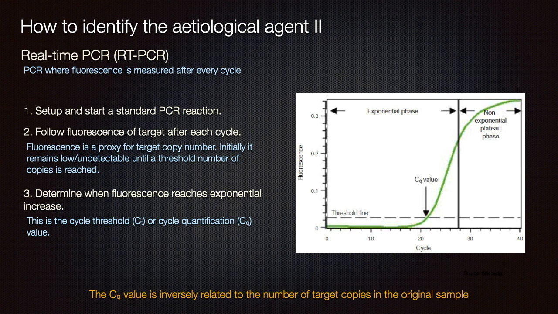As your target is amplified, eventually that fluorescence becomes detectable by the fluorescence detector, and it starts to increase. In this graph, we see that start to increase around cycle 19 or 20. As this is an exponential reaction, that increase in fluorescence quickly becomes exponential.